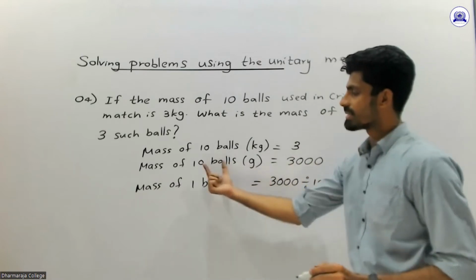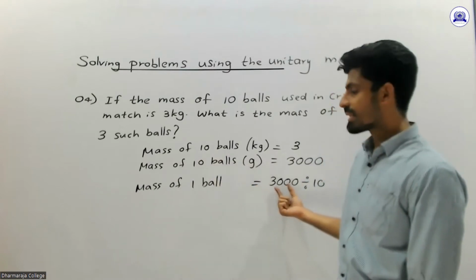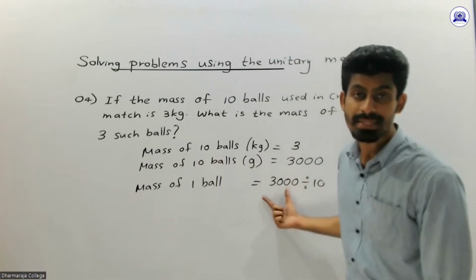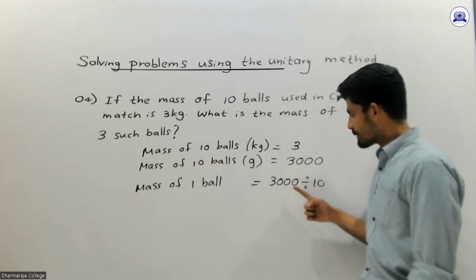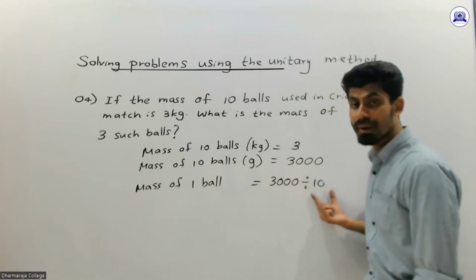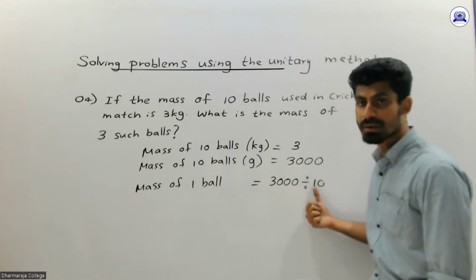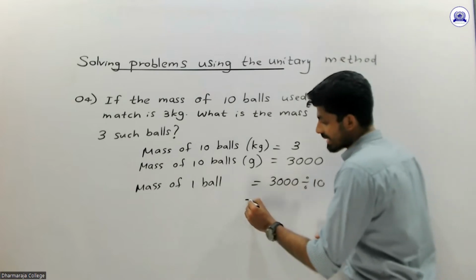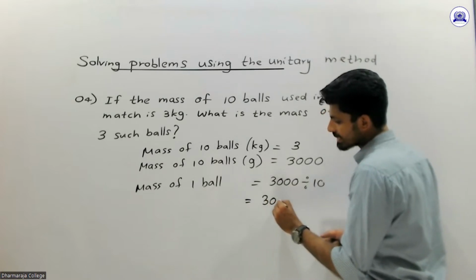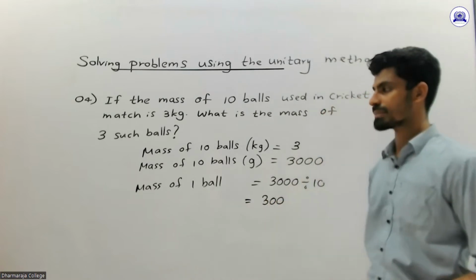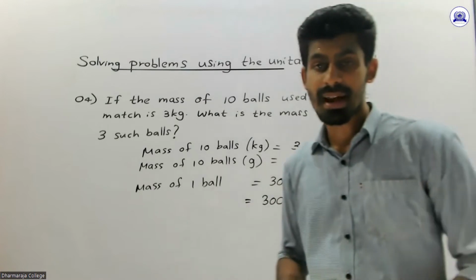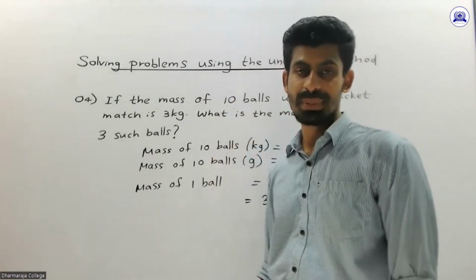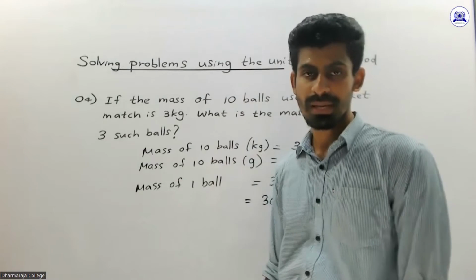This is for the 10 balls. 3,000 divided by 10, you can easily cancel out these 2 zeros. So what is the answer? 300 grams for 1 ball.